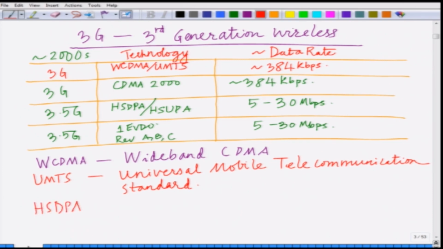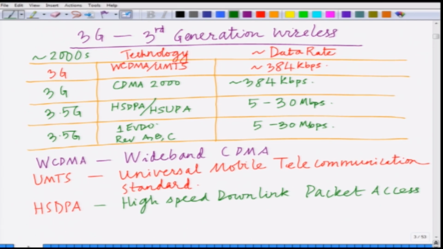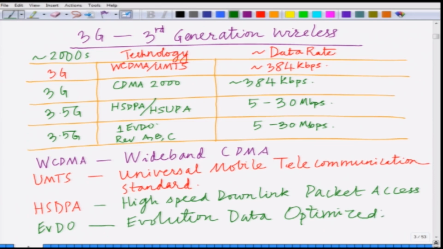HSDPA is the high speed downlink packet access. And EVDO stands for evolution data optimized.